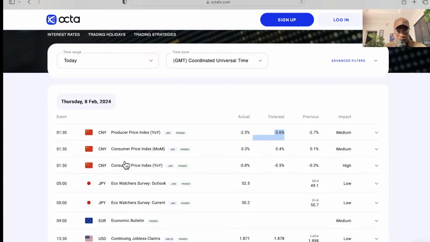So CPI, which is also known as the Consumer Price Index, is a measure of the average change over time in the prices paid by consumers for goods and services. And the CPI is one of the most used indicators for tracking inflation. And if you don't know what inflation is, it's the rate at which the general level of prices for goods and services is rising.